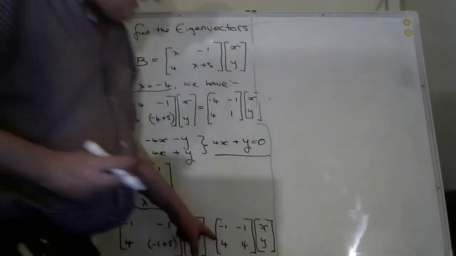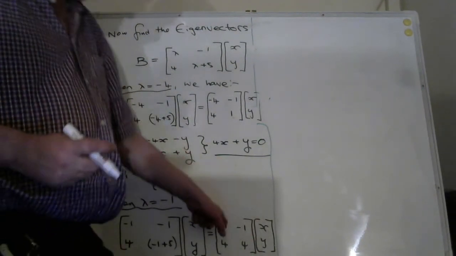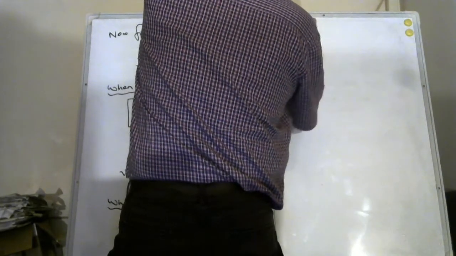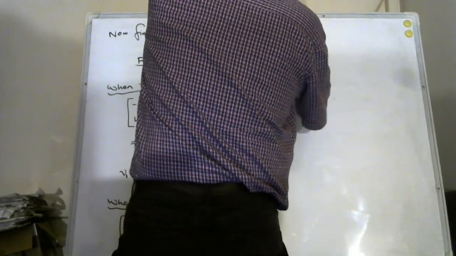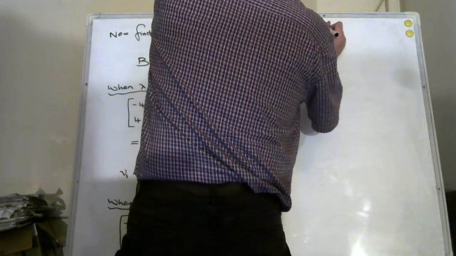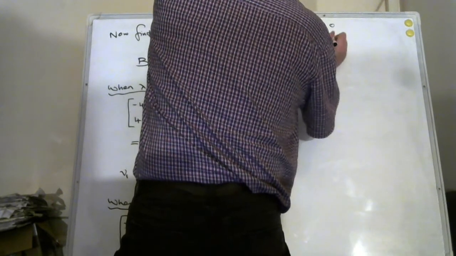And of course you can see that this is just a multiple of that when all of that is equal to 0. So we've got -1x -1y and 4x plus 4y equal to 0.